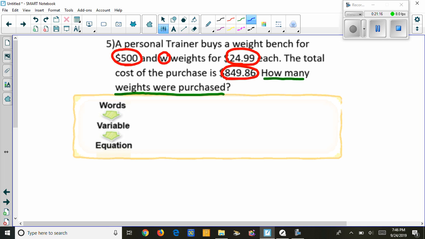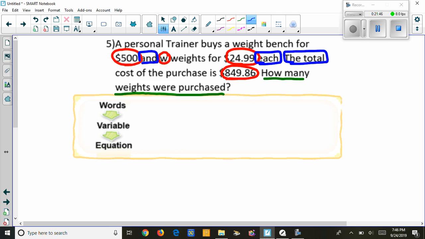Next, I'm going to go back through and mark any action words, words that tell me operations. A personal trainer buys a weight bench for $500 and W weights for $24.99 each. The total of the cost is $849.86.